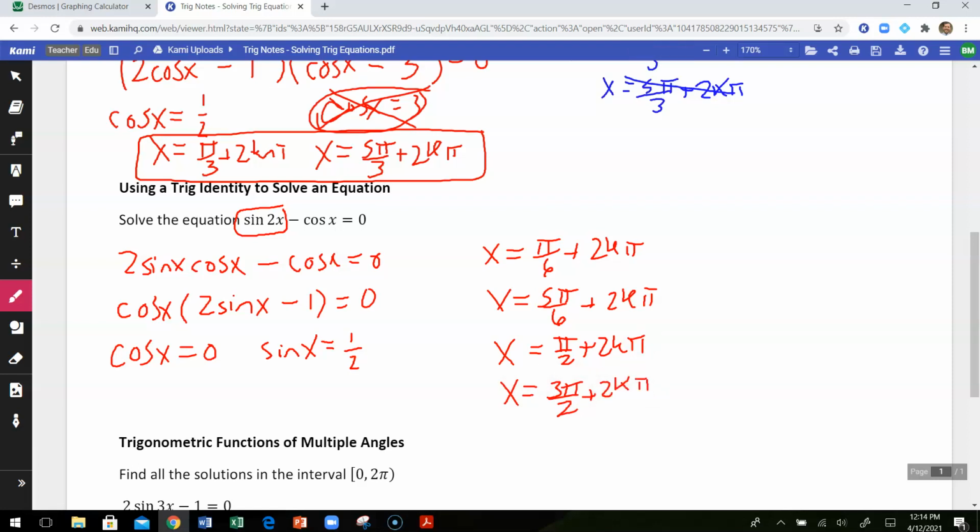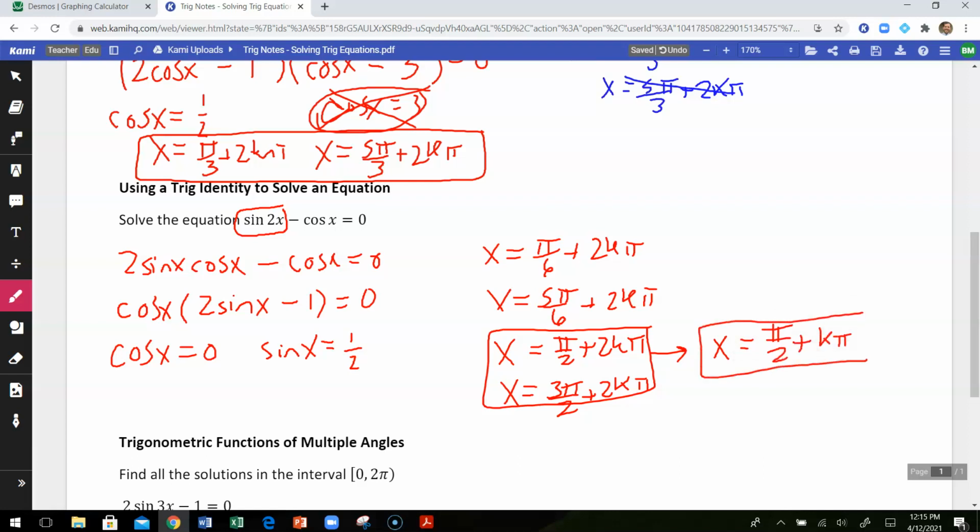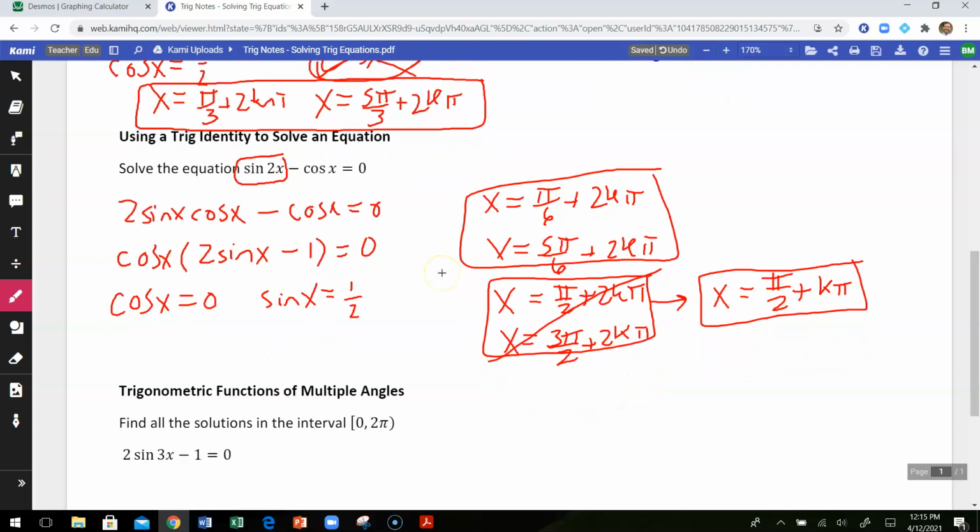We don't want to be redundant. These two angles are halfway across the circle from each other, pi over 2 and 3 pi over 2. Those are exactly halfway across. So I could just say pi over 2 plus k pi, and I can get rid of that. So my answers, pi over 6 plus 2k pi, 5 pi over 6 plus 2k pi, and pi over 2 plus k pi. All of that would be all my solution set to that equation.